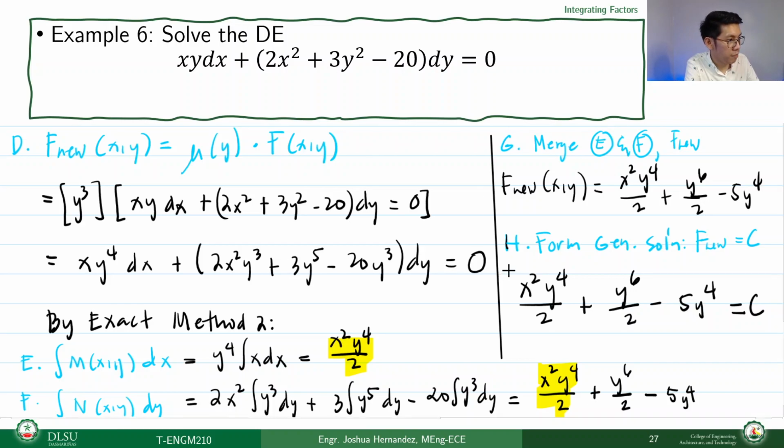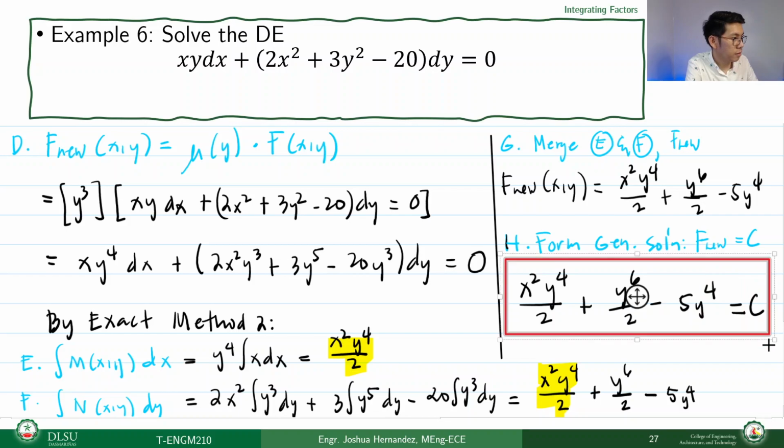And there we have it, ladies and gentlemen, our final answer for example number 6. All right. So that is our solution for our differential equation for example number 6.